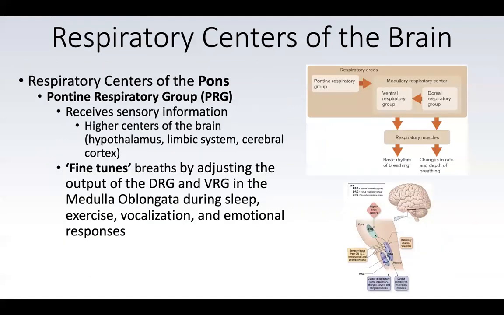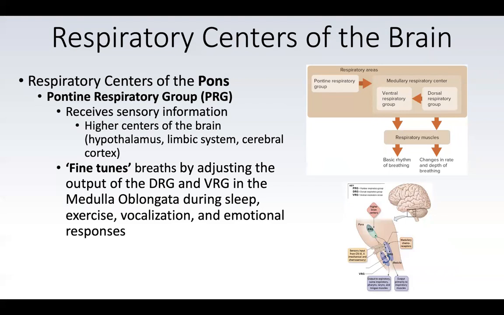The pontine respiratory group, like the DRG, receives sensory information, but it has communication with higher centers of the brain. It essentially fine-tunes breathing during special scenarios like sleep, exercise, when we're trying to say something, and when we have emotional responses to certain things. Sometimes we breathe faster when we hear certain news.